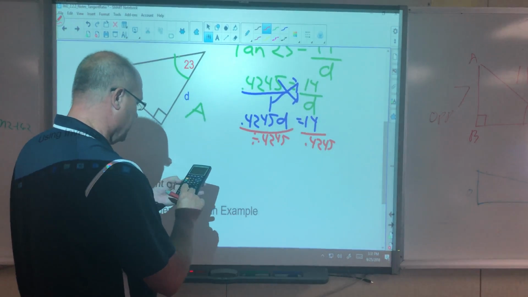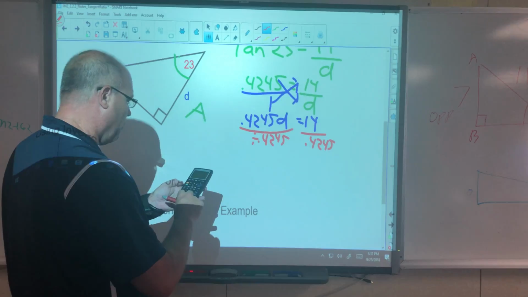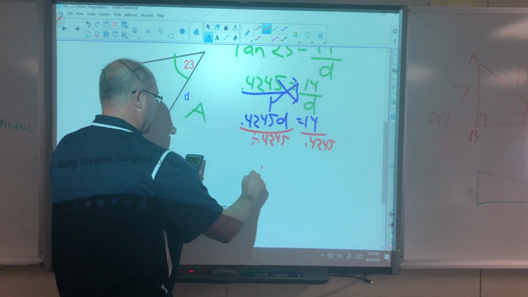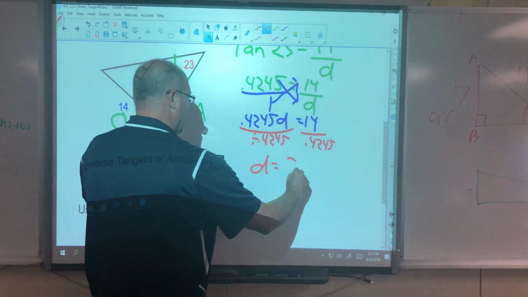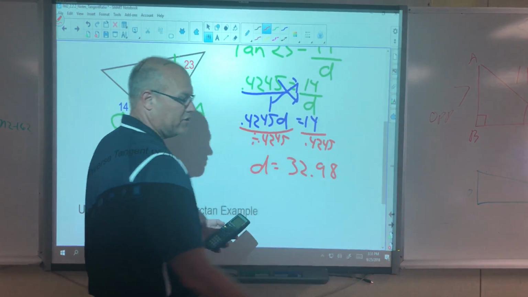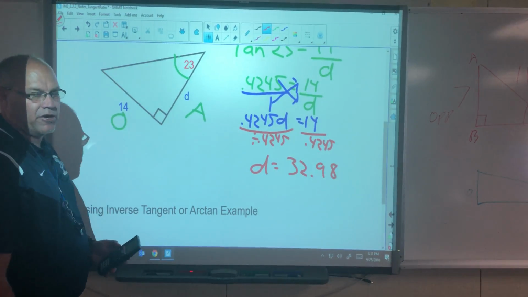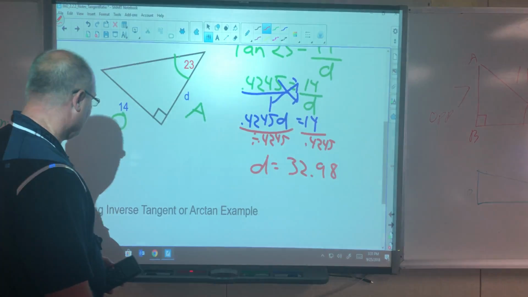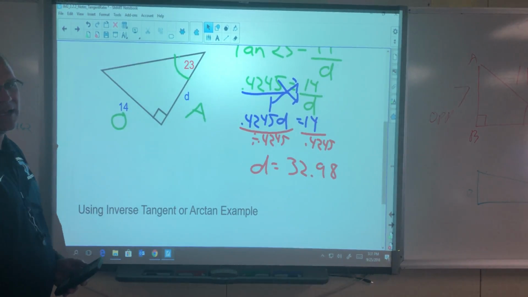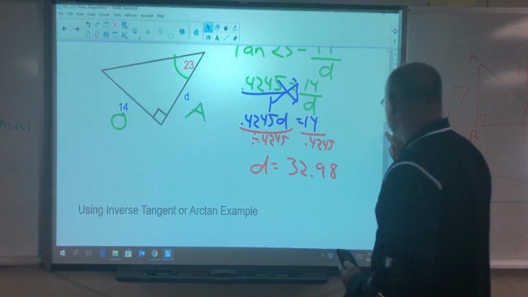I can give you a ballpark, but 14 divided by 0.4245, and I'm going to get that the distance is 32.98. I didn't give you meters or anything here, but that's the length of it, 32.98 units. So that's just solving for a missing side using the tangent ratio. Next example.